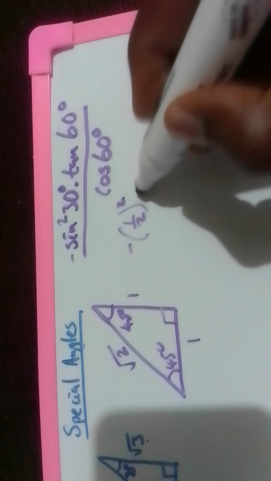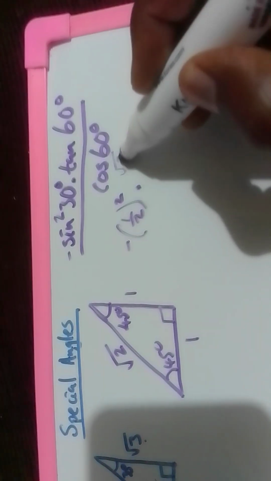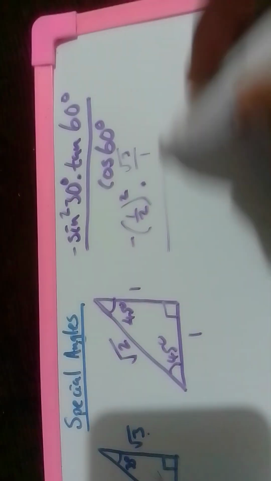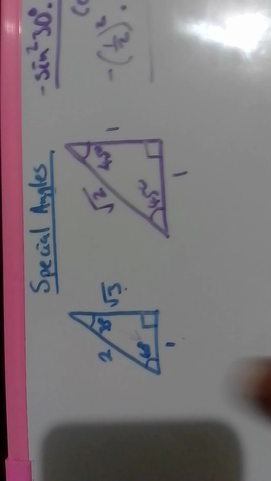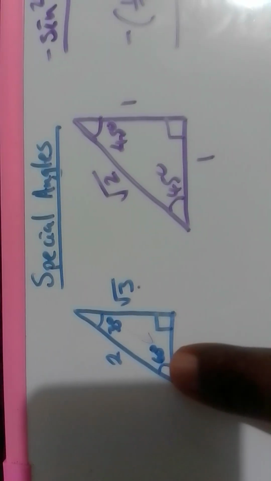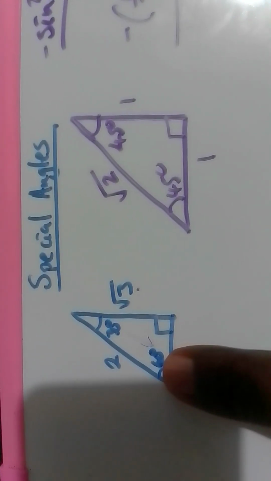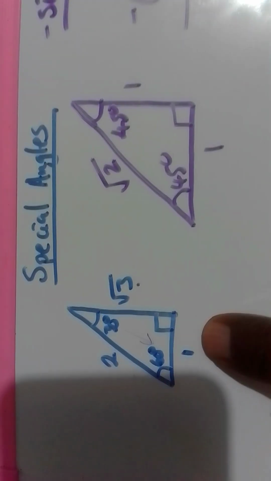So I say multiplied by square root of 3 over 1, all over my cos 60 degrees. At cos, it's adjacent over hypotenuse. My adjacent is 1, my hypotenuse is 2, so I write that it is all over 1 over 2.